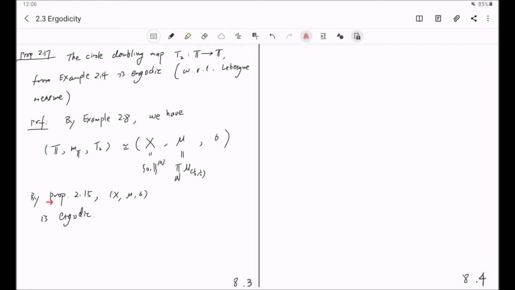Actually, what we proved in proposition 2.15 is a case that is more general and slightly different. In there we have, instead of non-negative integers, the full integers Z here, but the shift is still the shift to the left by 1.